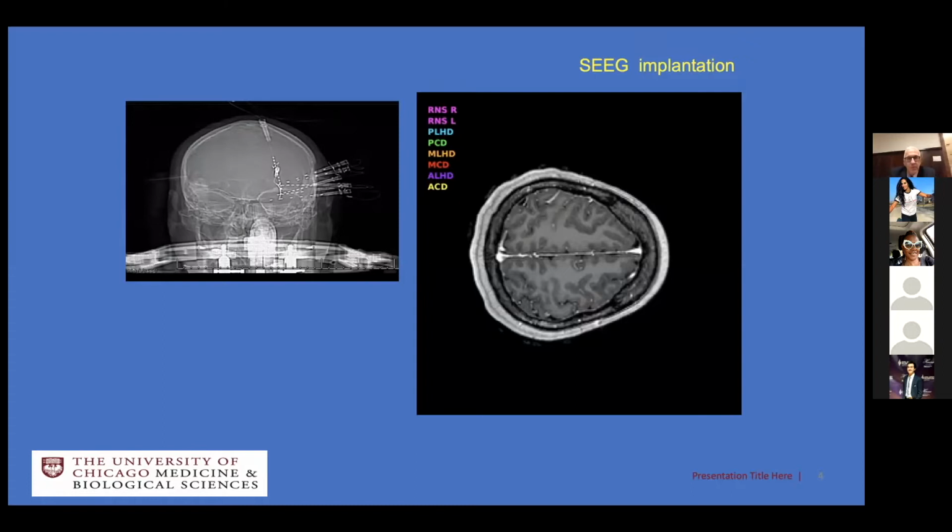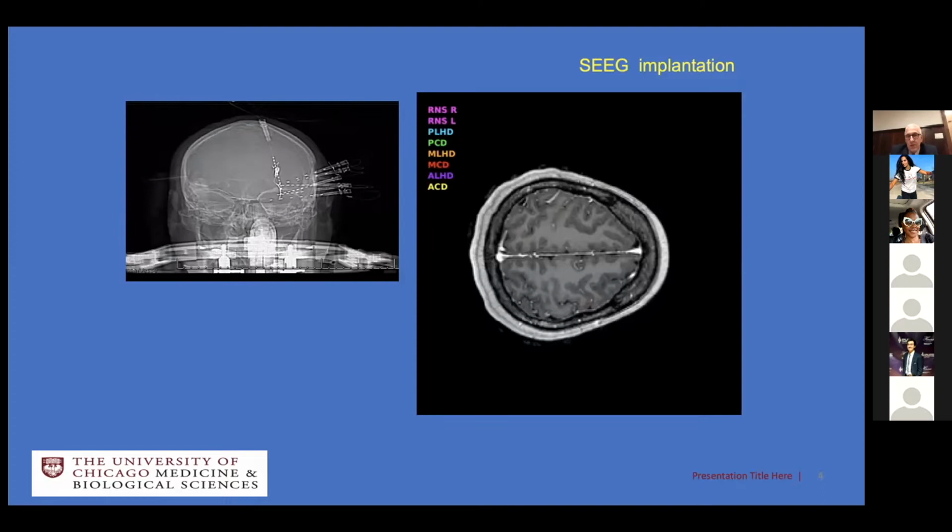That was a technique developed in France, where we put tiny electrodes with a precision of 0.5 millimeters in a lot of brain areas to find out and record from there where the actual seizures come from, which will allow us to tailor where we either ablate, resect, or modulate the brain function.